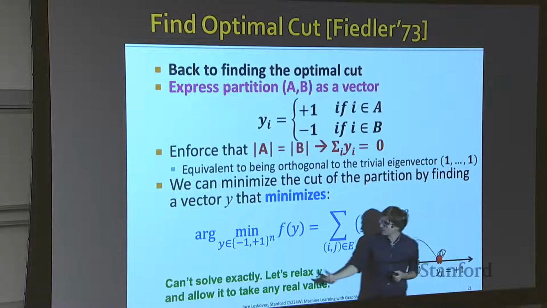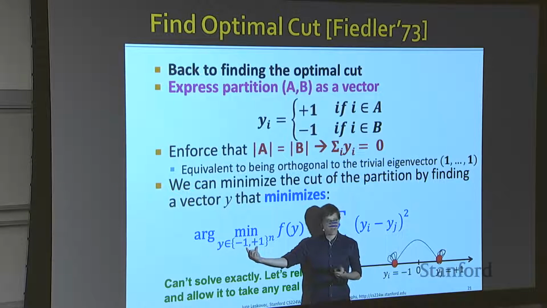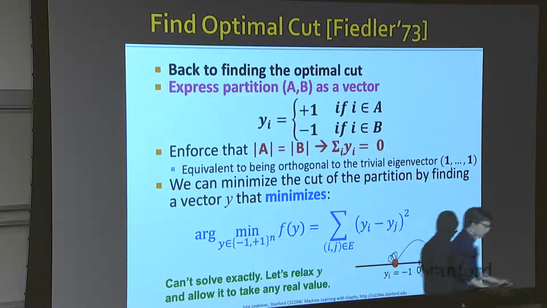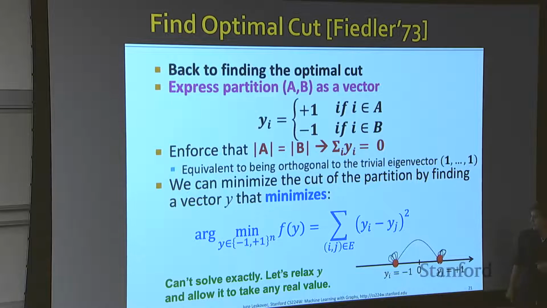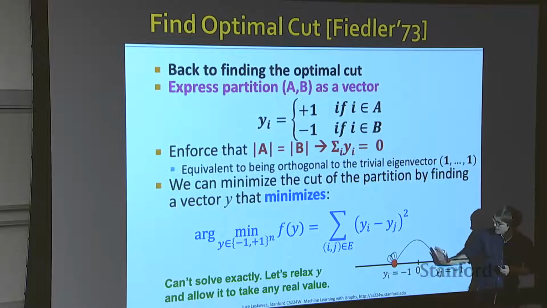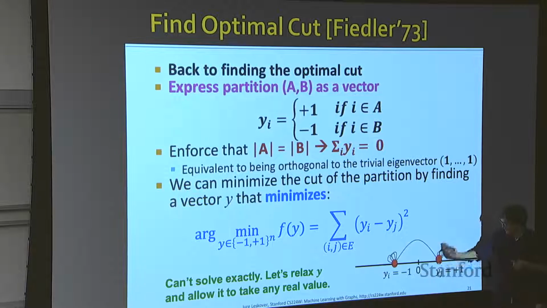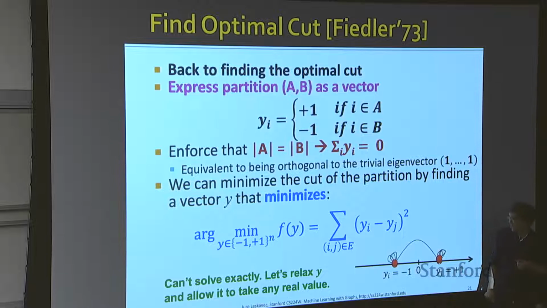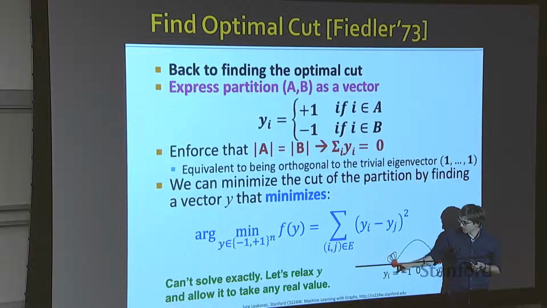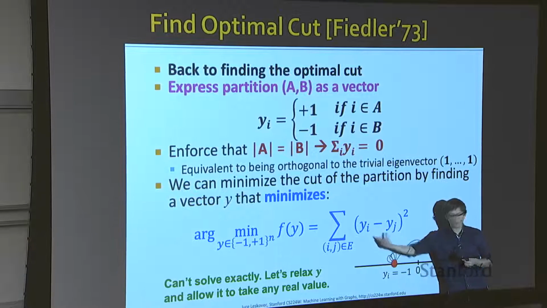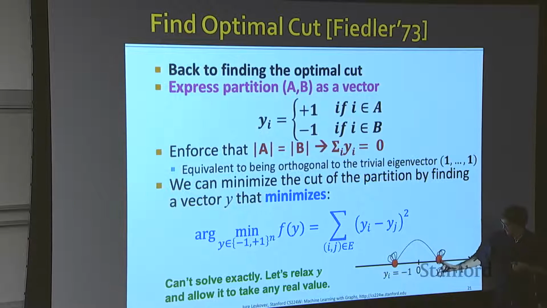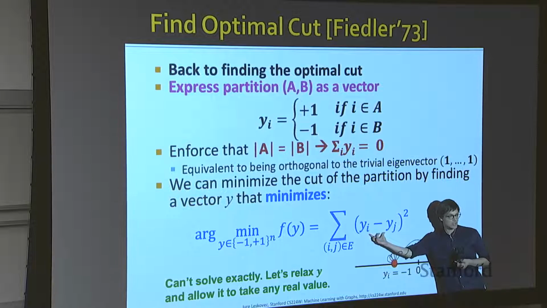The only difference was that here Fiedler said this can only take value +1, -1, and our vectors have general real values. But what this is essentially saying is: put half of the nodes at coordinate -1, put the other half of the nodes at coordinate +1. So all the edges between nodes on the same side will cancel out. We'll have 0 here. All the edges between the nodes here, again, will cancel out and will be 0.